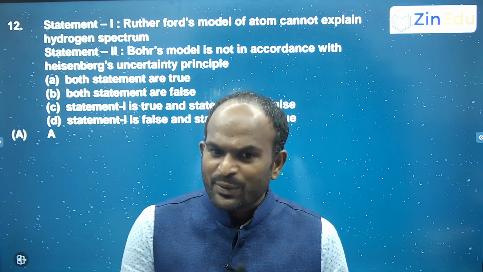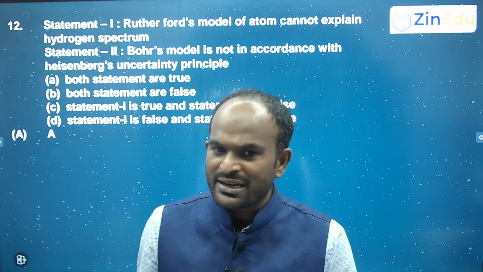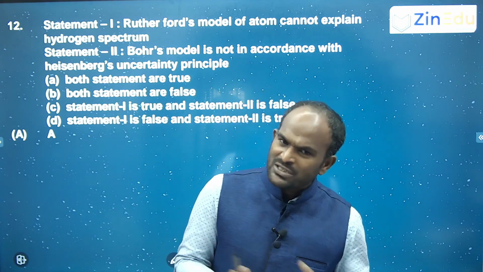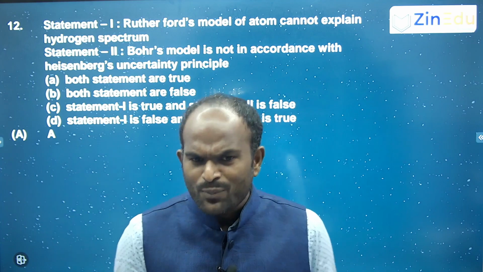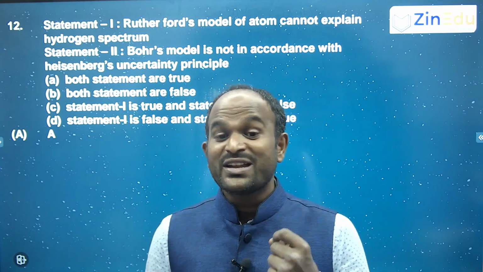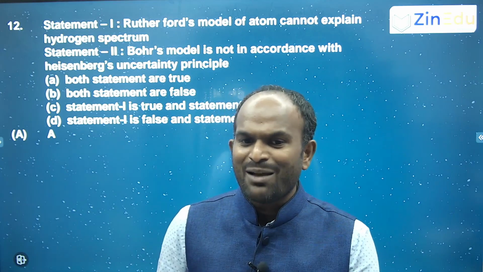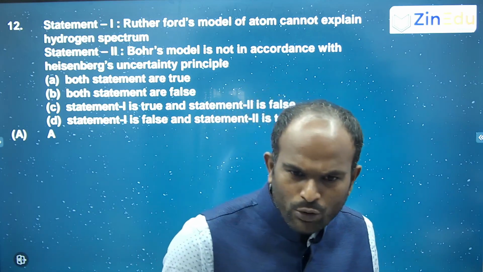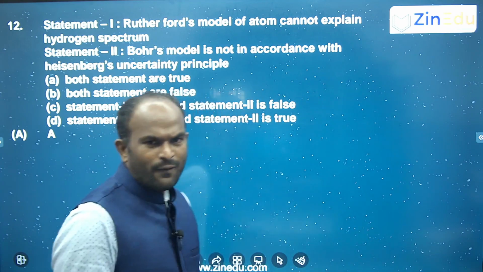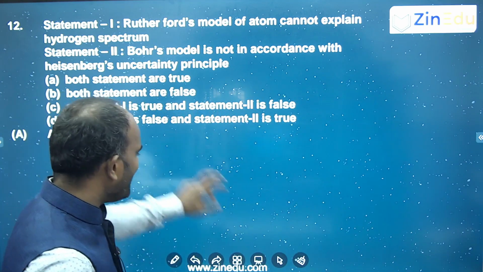Heisenberg's uncertainty principle ruled out regular trajectories or fixed paths. But Bohr's atomic model talks about the electron revolving around the nucleus in circular, fixed paths, which is not acceptable according to Heisenberg's uncertainty principle. So both statements are absolutely true.